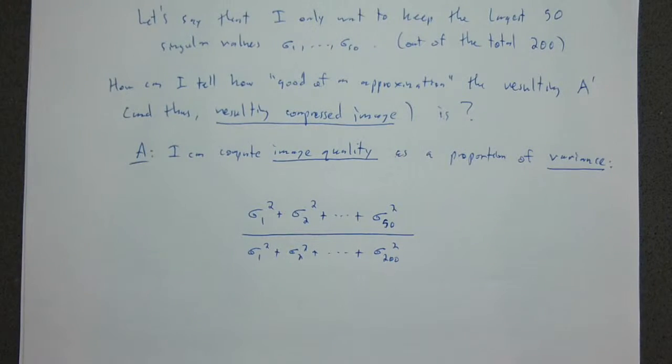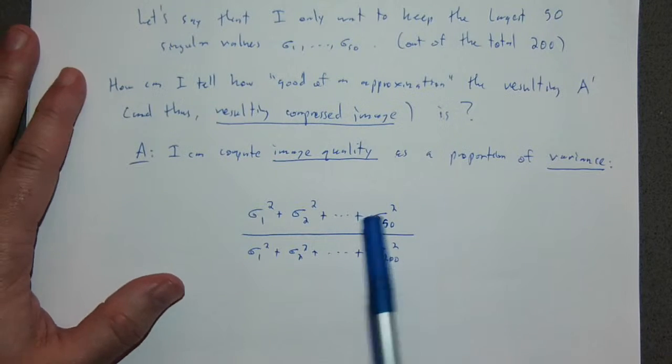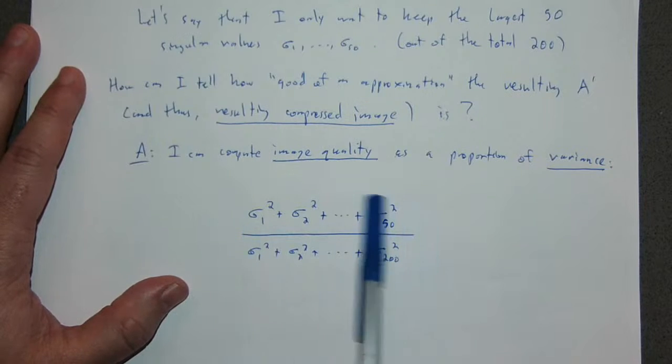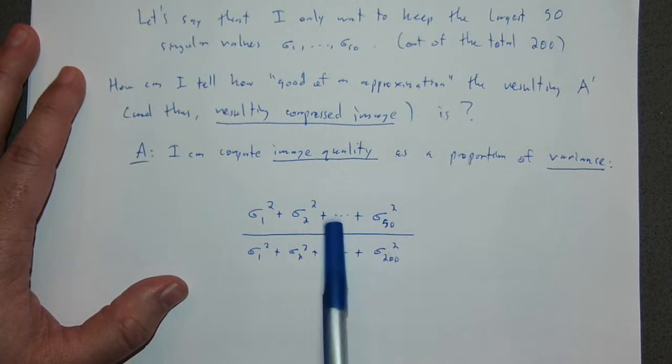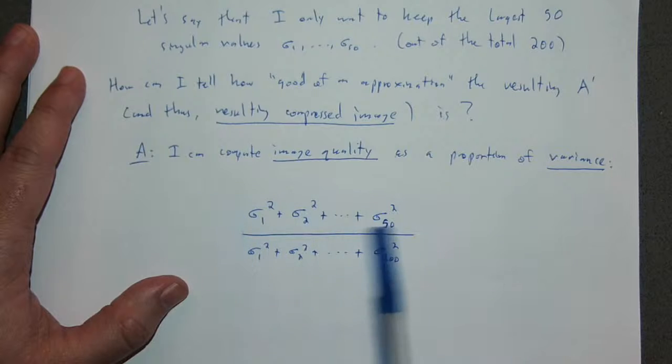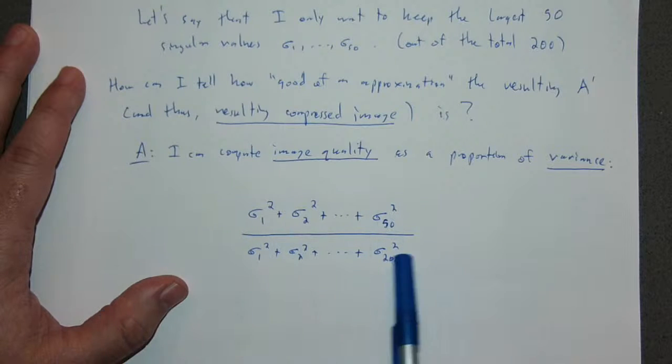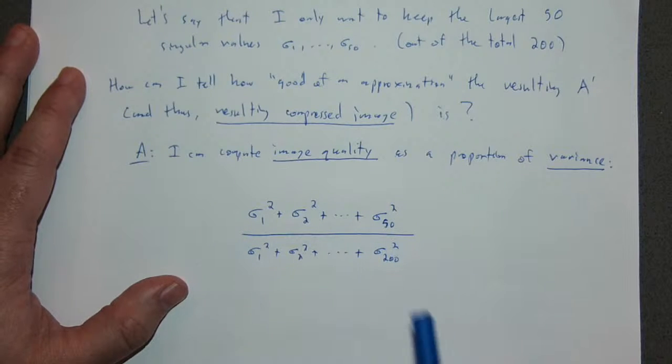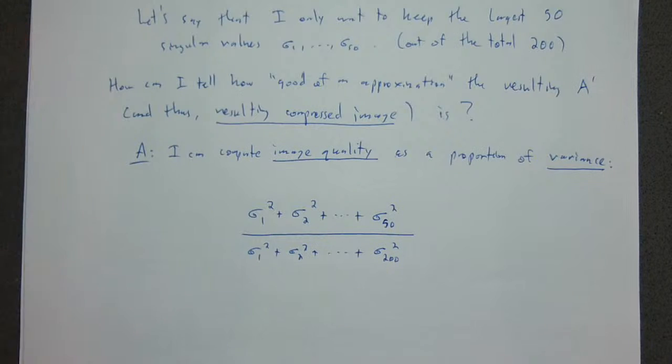And so what this is, in another way, is to say that basically I have my variance of the image that I'm going to get after tossing out all but the top 50 singular values, and I'm dividing by the total variance of the original image. And I'm not going to even define variance, I'm just going to call these things that. Okay.